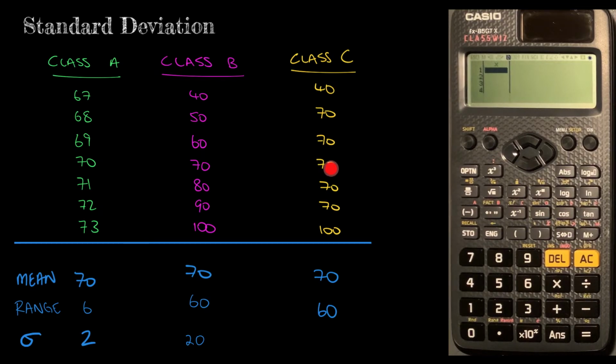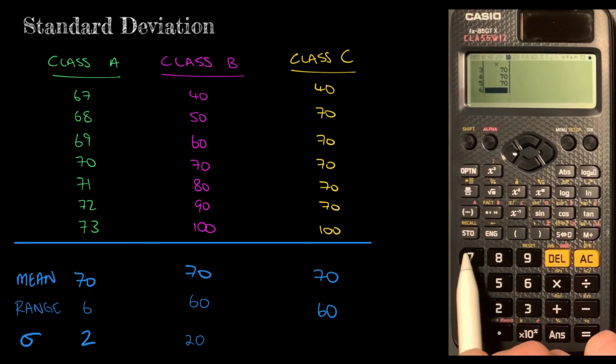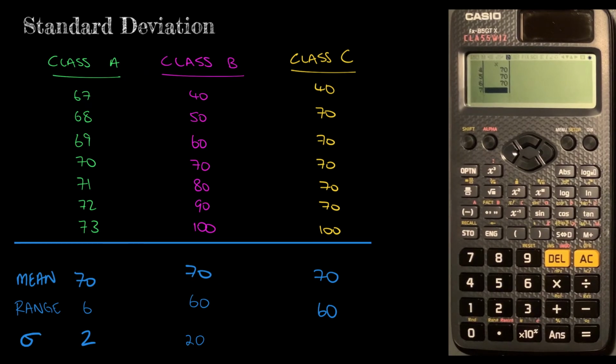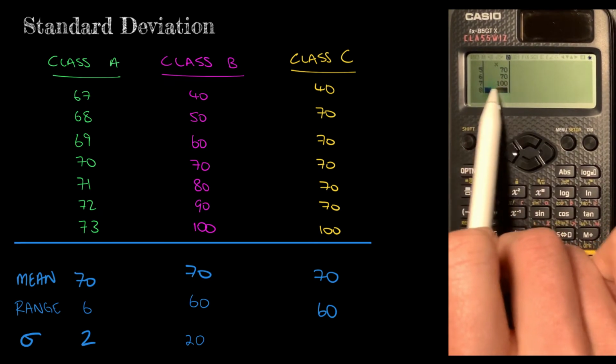So we can put in 40, press equals, put in 70, equals, 70, equals, 70, equals, 70, equals. The 6th value is 70, which is still 70. And the 7th value was 100, so we can put in 100 for the last value. Press equals, and that's our 7 pieces of information input.